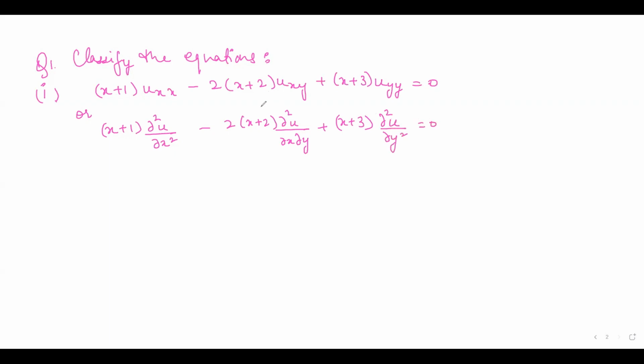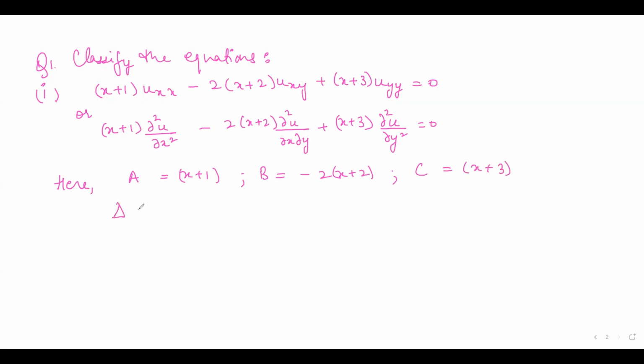This is just another notation to represent it. So what we need to consider is, what are our A, B, C? A is x plus 1, B is minus 2 times x plus 2, and C is x plus 3.